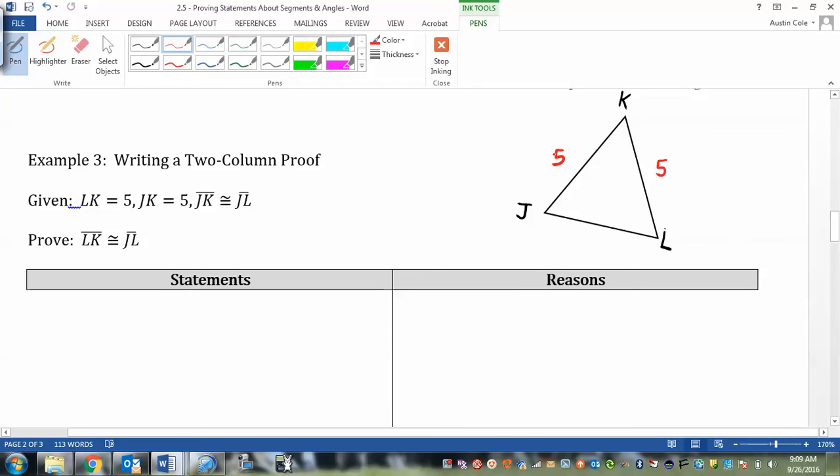And then it says that JK is congruent to LJ. And we're trying to prove that LK is congruent to JL. What should we do first? Given information, right?